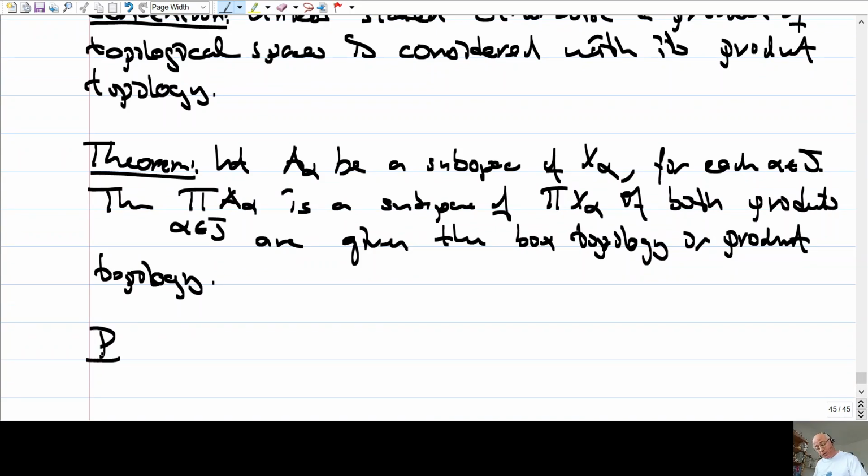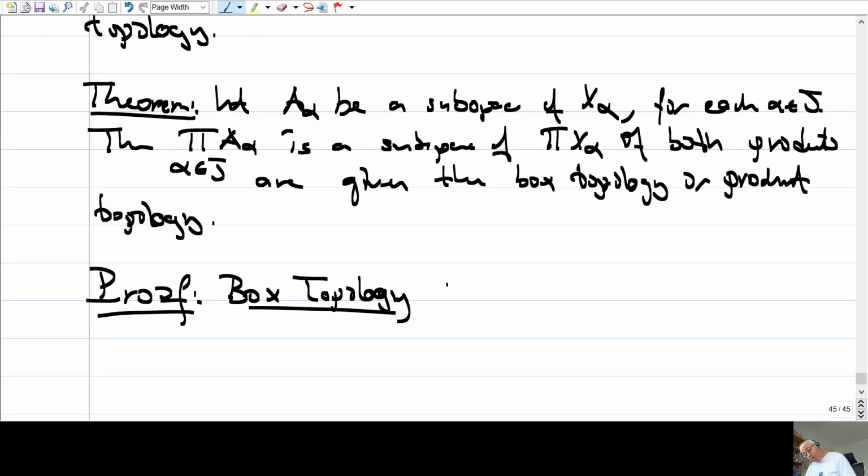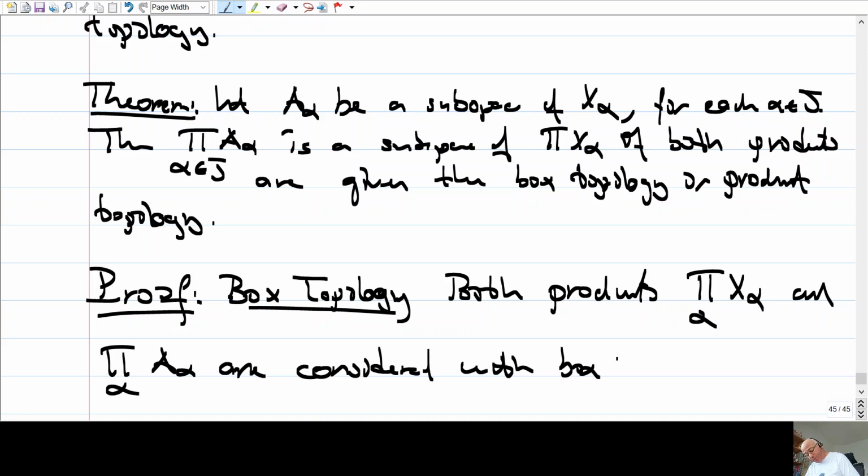So what we mean is the following. We may consider either the box topology or the product topology on this product. First, let's consider, for example, the box topology. Both products, this product and this one, are considered with the box topology.